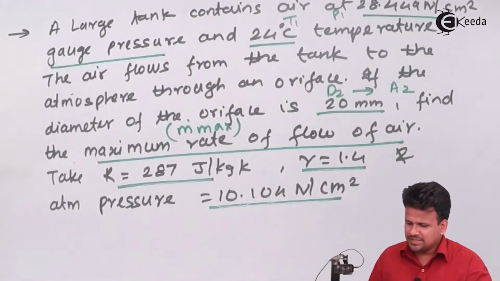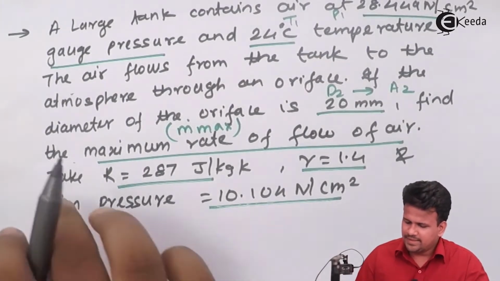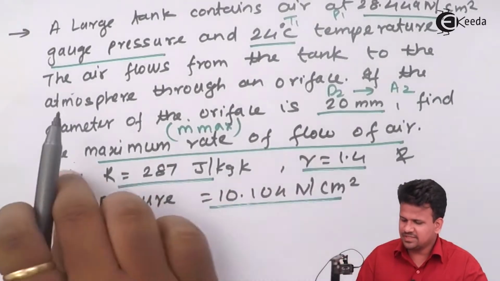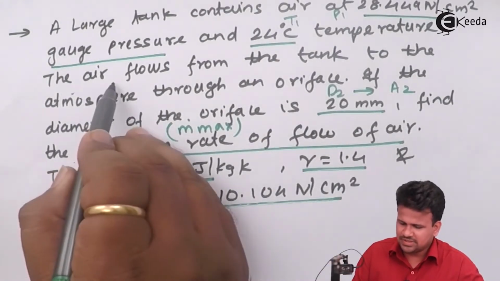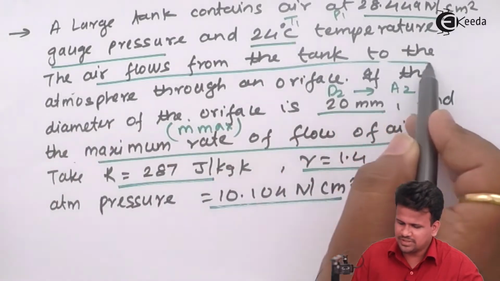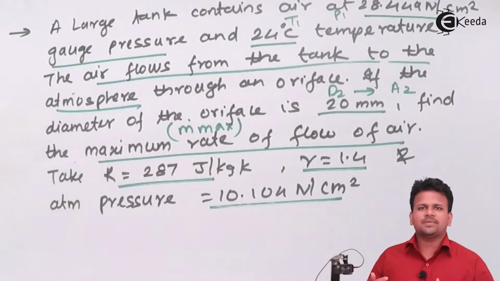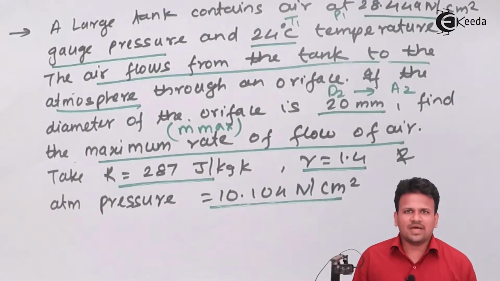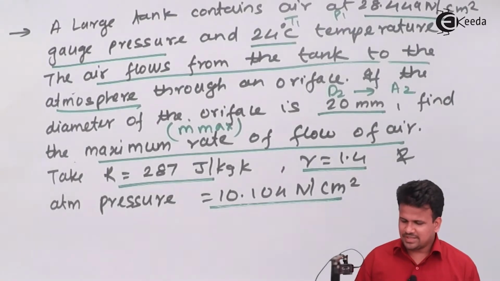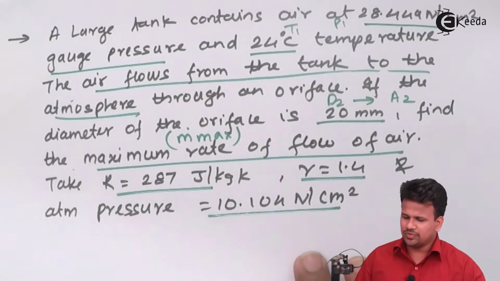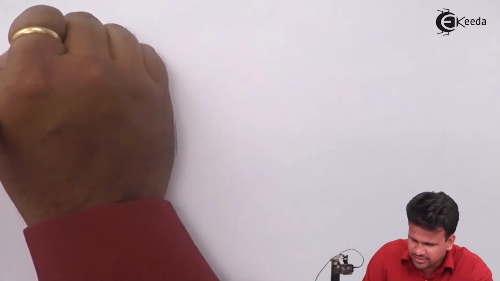Now we should understand over here that the orifice is exposed to the atmosphere. It is given to us that the air flows from the tank to the atmosphere. That means the final pressure P2 is equal to the atmospheric pressure. So let us write down the data which we know. First, what is given to us is the gauge pressure.